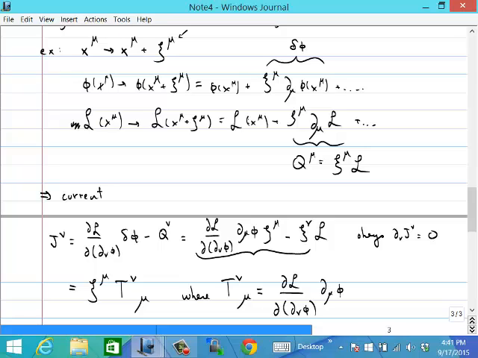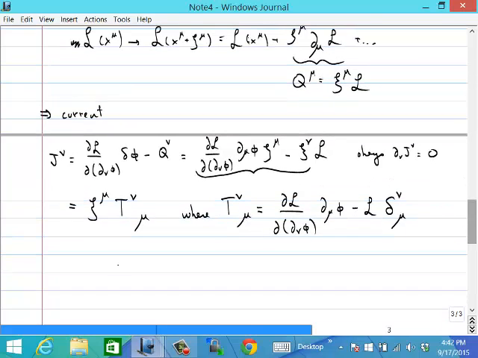And here it's minus the Lagrangian density times delta nu mu, where delta nu mu is the Kronecker delta symbol. So delta nu mu is equal to 1 if nu equals mu, and it's equal to 0 otherwise. It's a fancy name for the identity matrix if you thought about this as a 4x4 matrix.